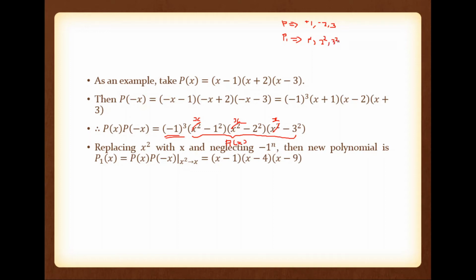So what is the comparison between these two? You can see that the roots of P1 are the squares of the roots of P. Here we have 1, minus 2, 3. Here we have 1 square, 2 square, 3 square. Is it okay?